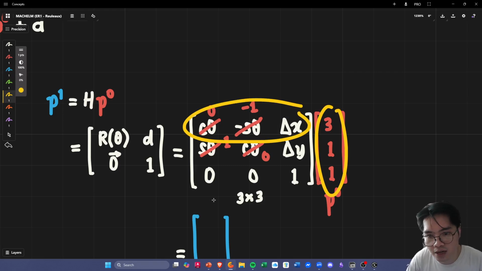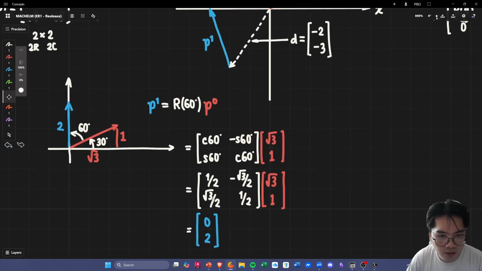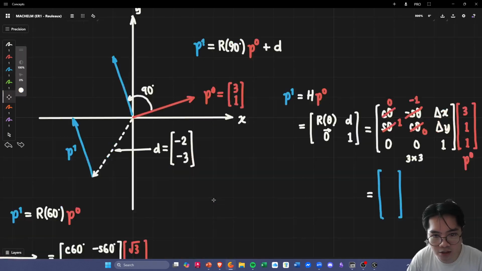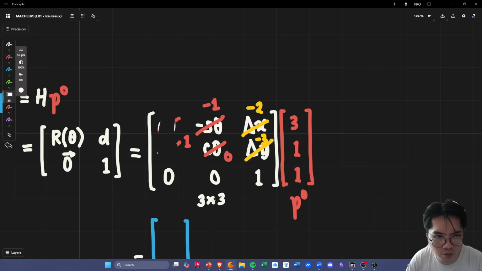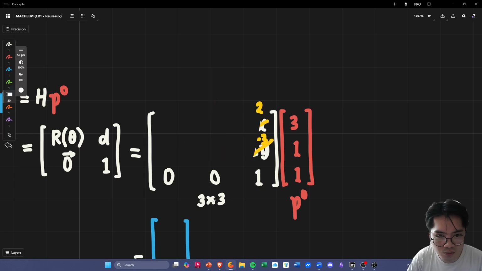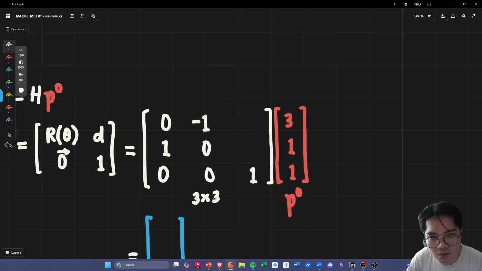Negative 1 times 1 is... let's fill this out then as well. What is our displacement matrix? That is negative 2, negative 3. Actually, let's just rewrite this. We will have a rotation matrix of 0, negative 1, 1, 0, and then we will have negative 2, negative 3.